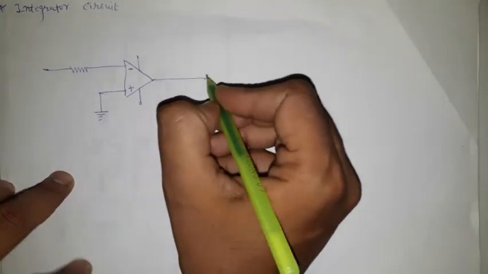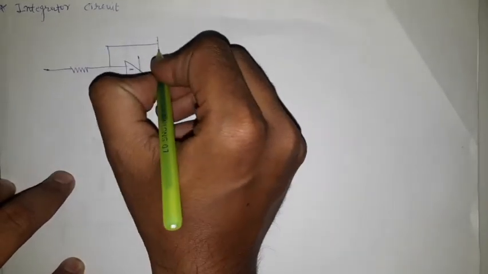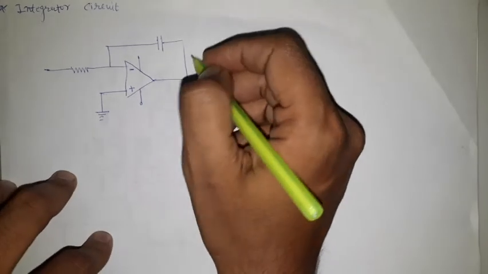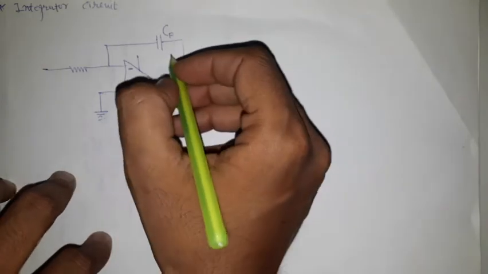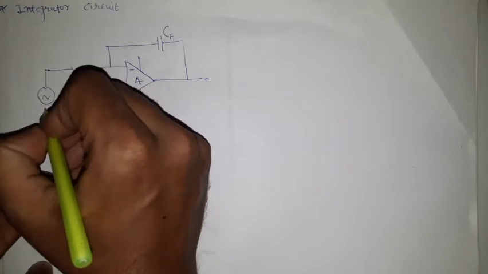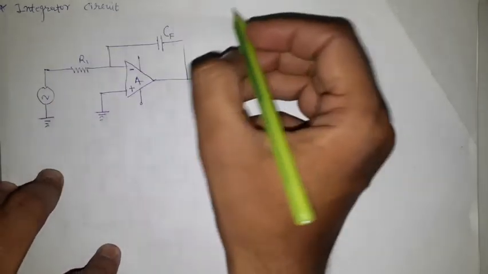Output is taken from here, and in feedback there is a capacitor. It is also known as the feedback capacitor, and the input signal is given here. This is R1.